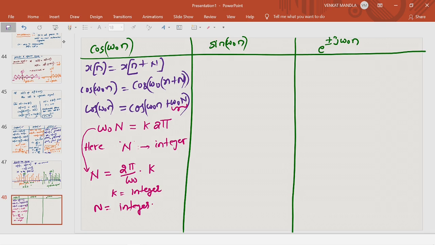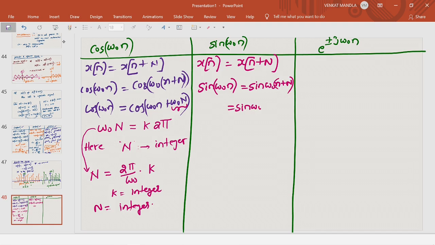Next, the same thing will happen in sin omega naught n also. So x of n equal to x of n plus capital N: sin omega naught n equal to sin of omega naught n plus capital N, that equals sin of omega naught n plus omega naught capital N. Here also, if omega naught into N equals 2 pi times an integer multiple, N equals 2 pi by omega naught into k.